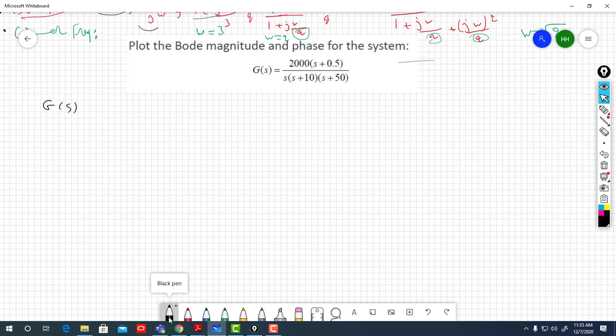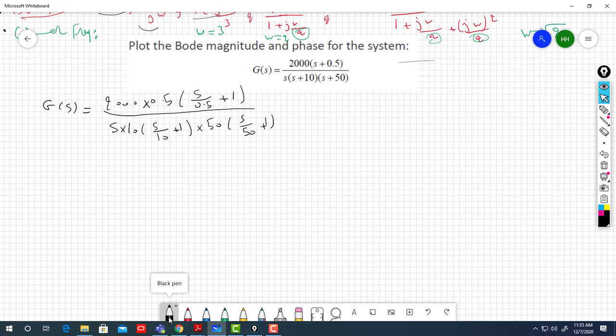So G of s equals 2000, then times 0.5, then times s over 0.5 plus 1, then s times 10, s over 10 plus 1, times 50, s over 50 plus 1. So that's the general form.